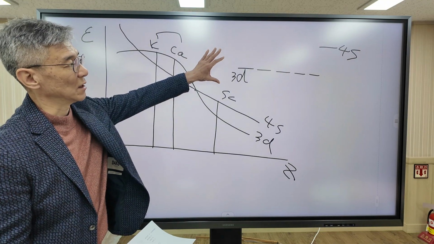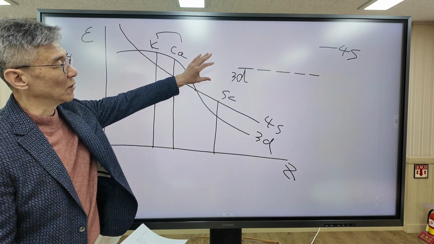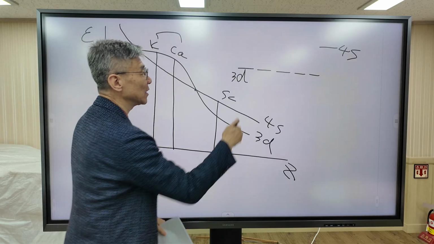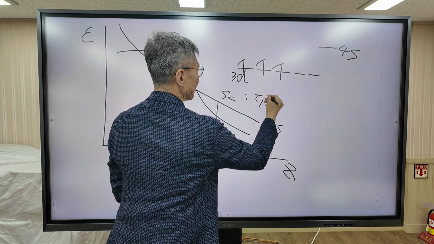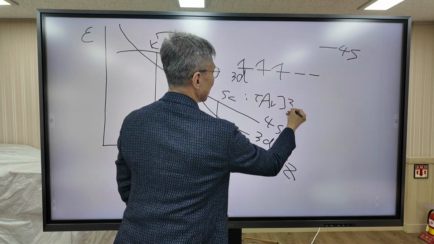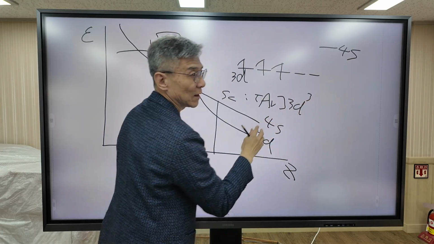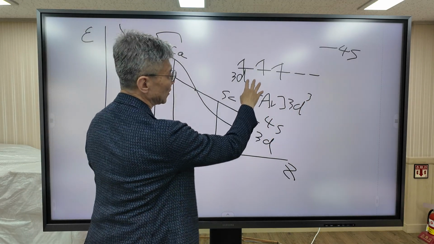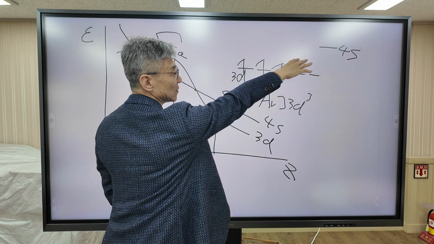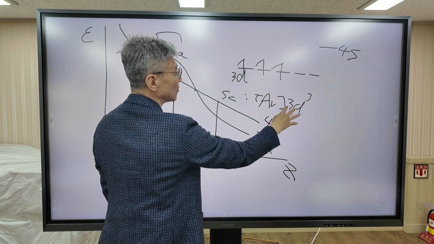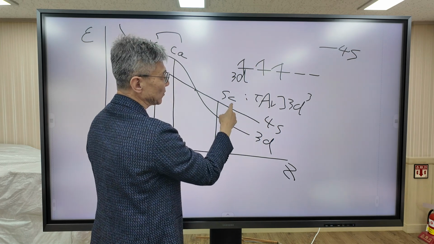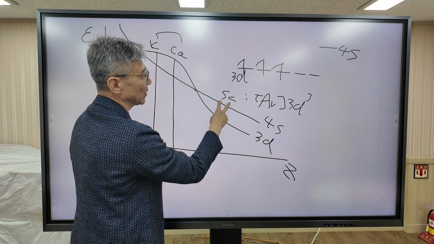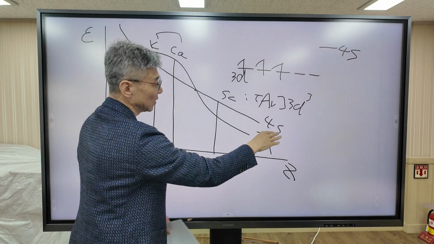According to this energy level diagram, the electronic configuration for scandium must be 3d3, right? Because the 3d orbital is lower than the 4s orbital, so all 3 valence electrons should go to the 3d orbitals. But according to experimental observation, the electronic configuration for scandium is not this one.